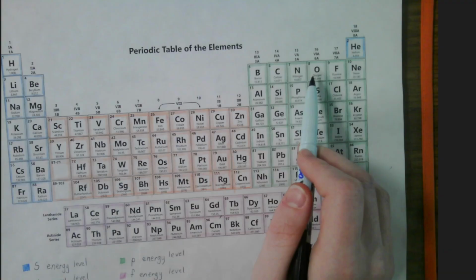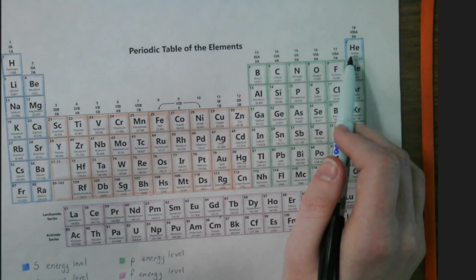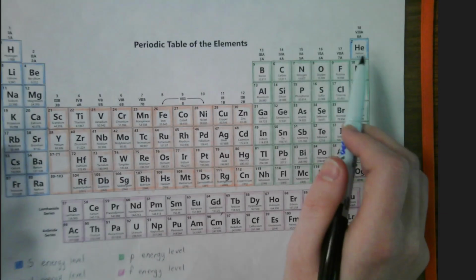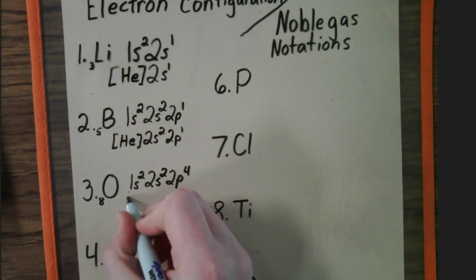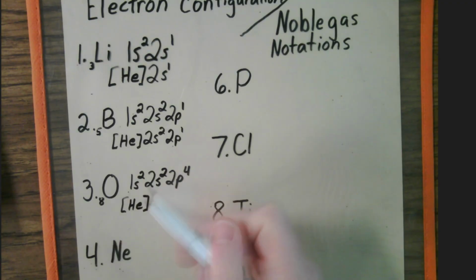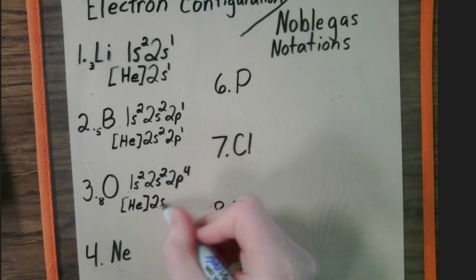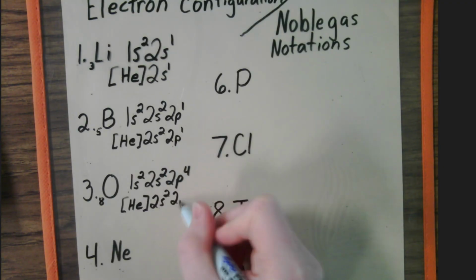Oxygen has 8 electrons. We got to go back all the way. Helium has 2. We are going to use helium as our previous noble gas. So we're going to use our brackets again, He, and again, helium is the same as 1s2. Then we're going to just copy down the rest of it, 2s2 2p4.